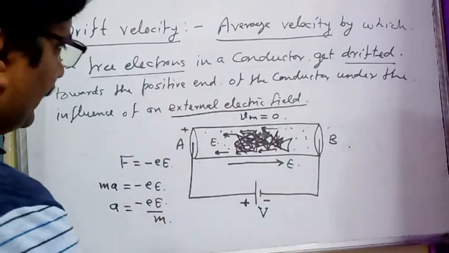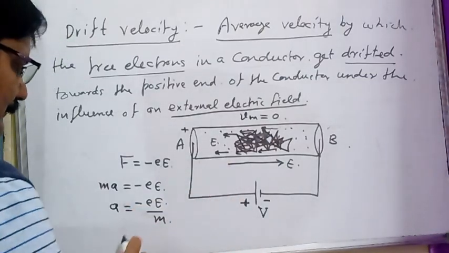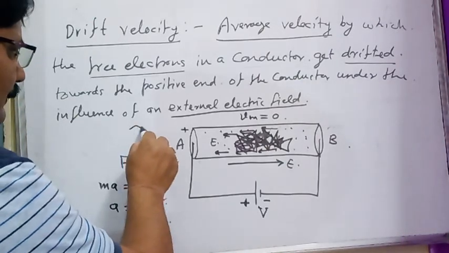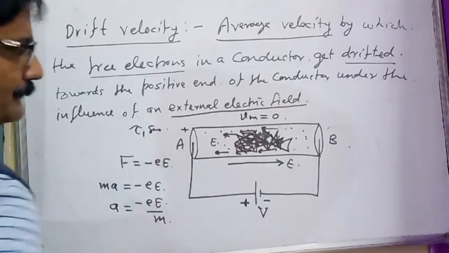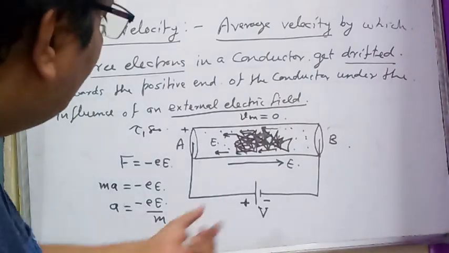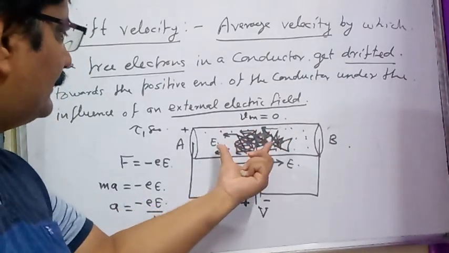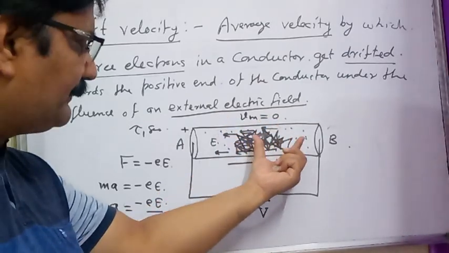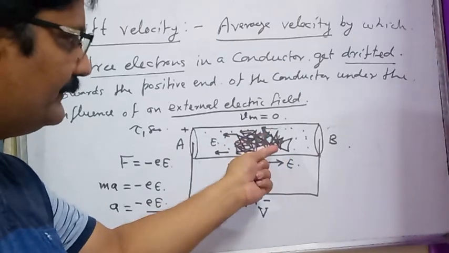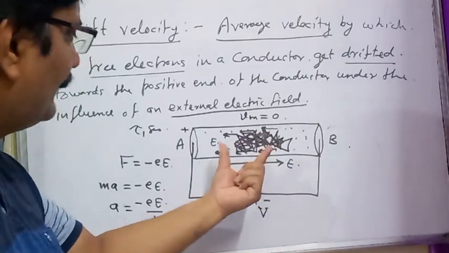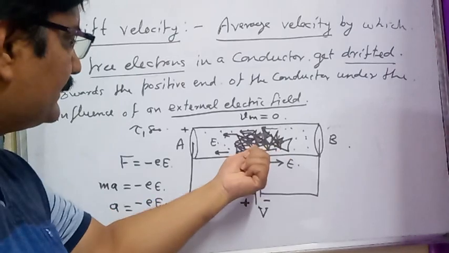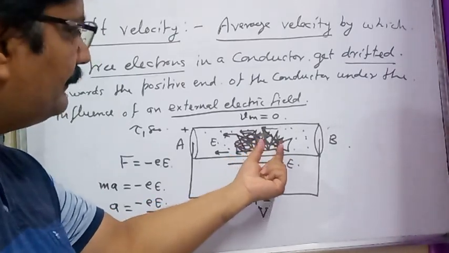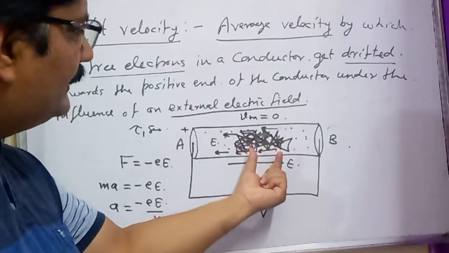Suppose the initial velocity of that electron is u1. What is going to be the final velocity after time tau 1 seconds? When these electrons drift towards the positive terminal, this space is not free. At the time of drift or acceleration, these electrons collide with other free electrons, and between two successive collisions they spend some time, and in the duration of that time they accelerate.